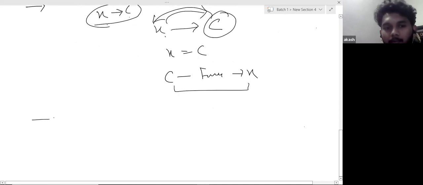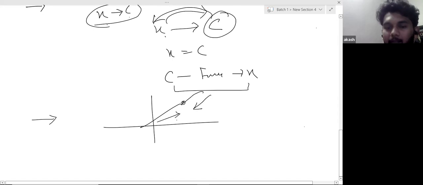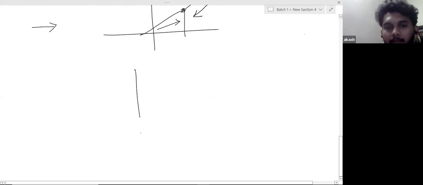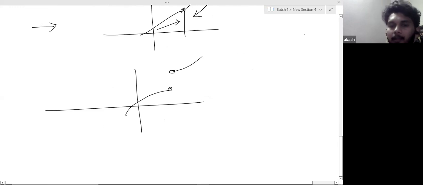Now, when a limit exists, can we say limits always exist? No. Only when you move from the right and from the left and get the same value can we say the limit exists. Suppose there is a graph, and this is x equals 5.